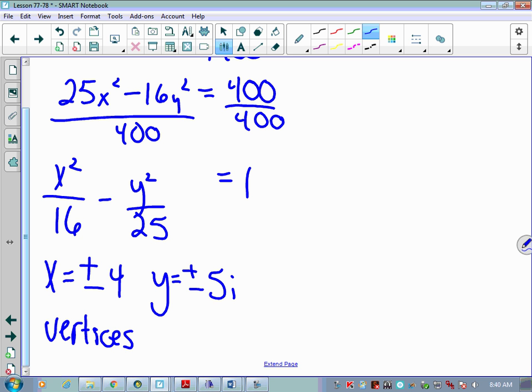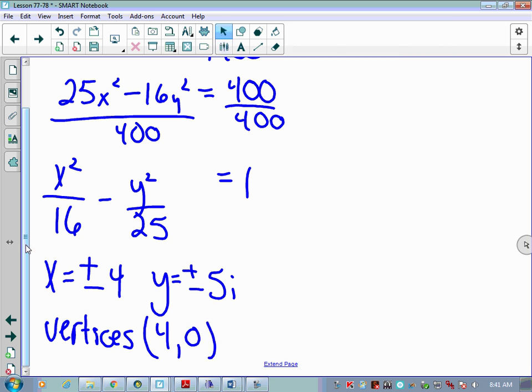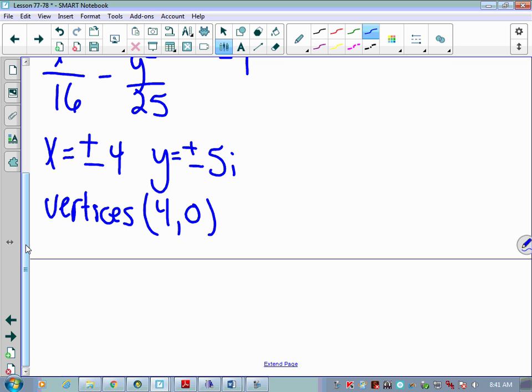Sometimes it might read off as something like 25y squared minus 16x squared. Okay, in which case the x value would be associated with the i. Okay? So our vertices here are going to be 4, 0, and we should get negative 4, 0. Okay?